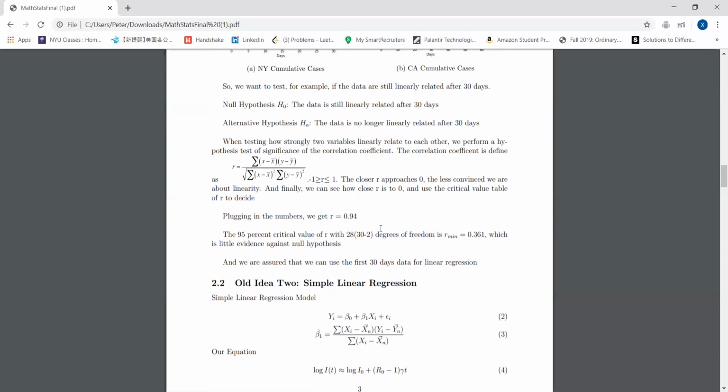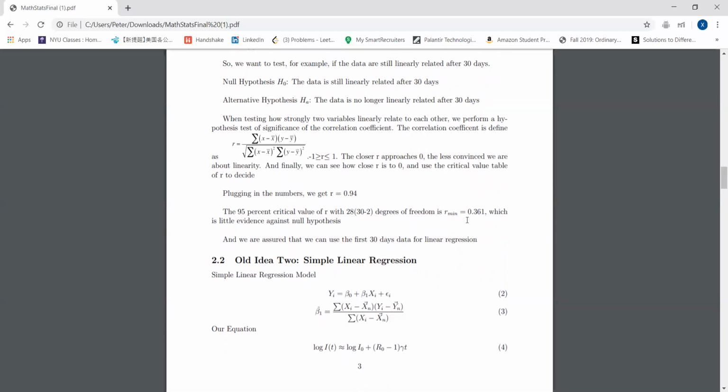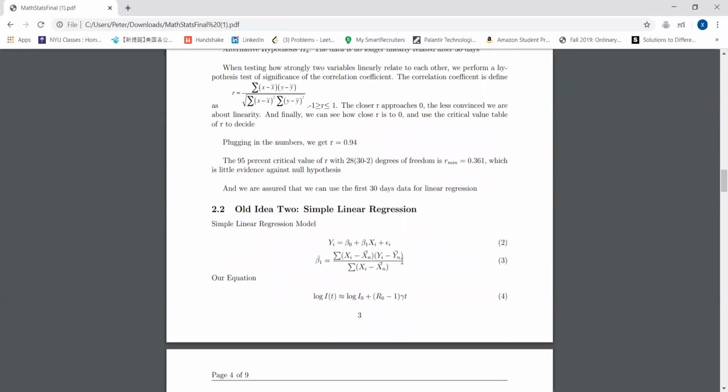Using the critical value at 95%, it basically works like a p-value. In this case, 0.94 is a lot larger than the 95% critical value. So there is little evidence against the null hypothesis, which means we can actually use the first 30 days of data to fit our linear regression model.